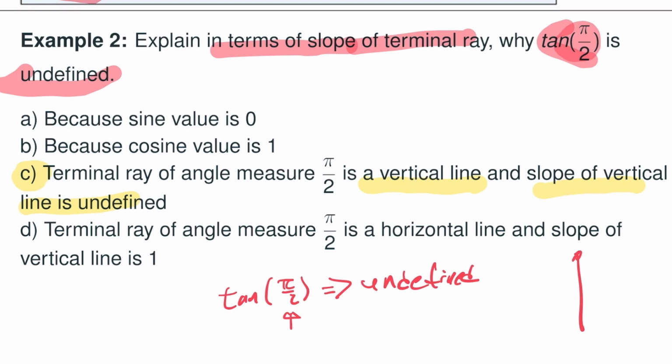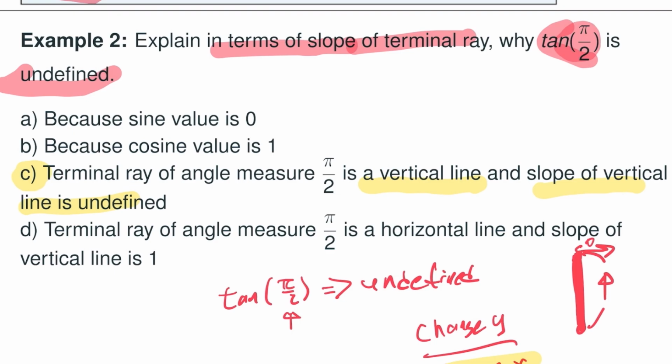Why? Well, remember slope is change in y over change in x. This is how much change in x. This is change in y. It goes from here to here. Go up that amount. But how about the x direction? There's no change in x direction. So when we do change in y over change in x, there is no change in x.